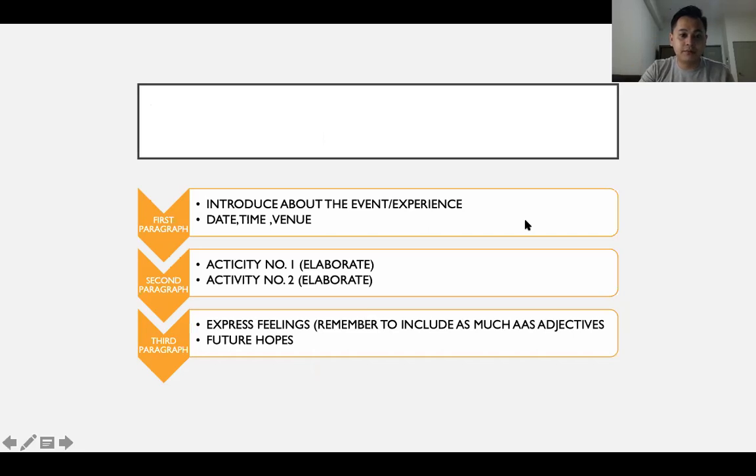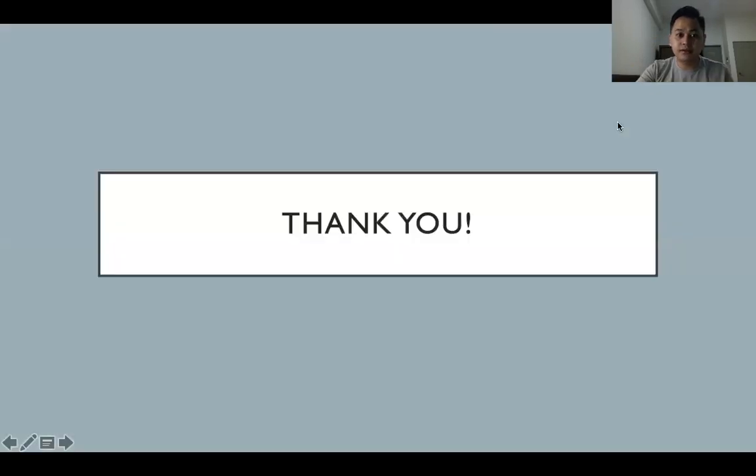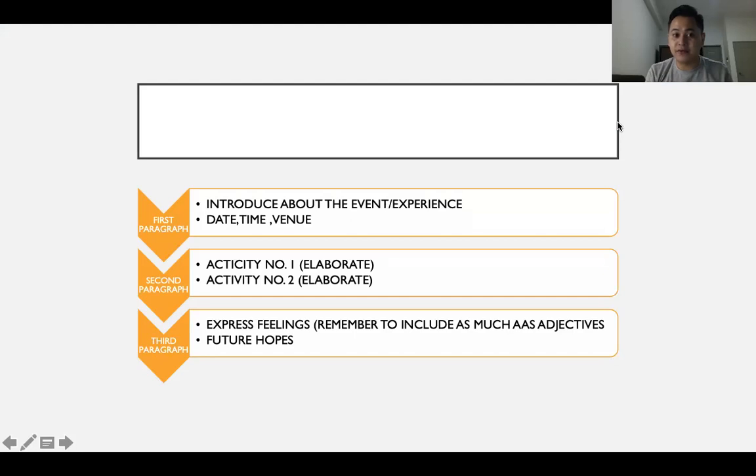Your story can be divided into three paragraphs. In the first paragraph, you need to introduce the event experience, and please mention elaborately the time, date, and venue where the event took place. In the second paragraph, there is a spelling error here, it's supposed to be activity.